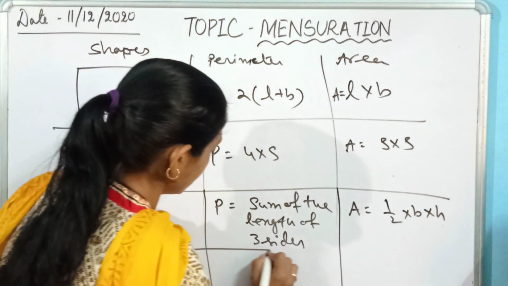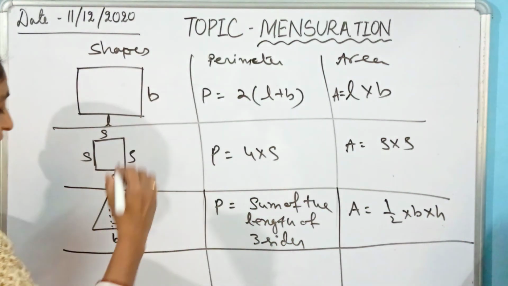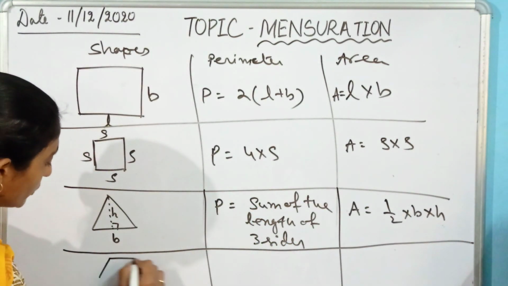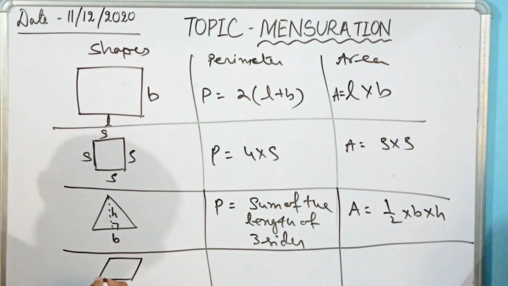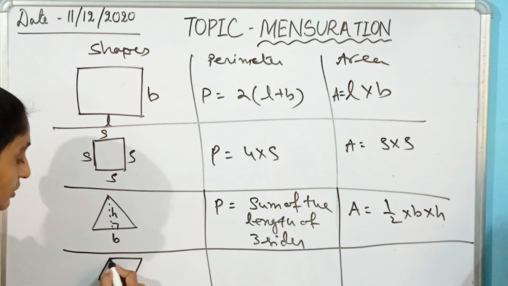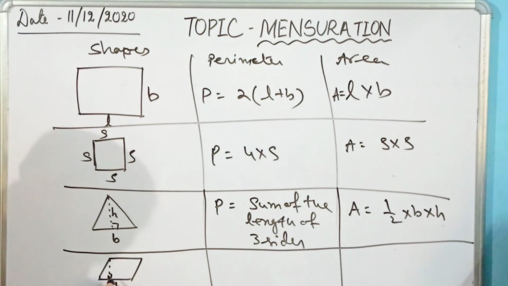Let's come to a parallelogram. In case of parallelogram, what will we get? If this is a parallelogram, this is the base. And here again we have to think about the height. This is the perpendicular distance from the opposite vertex to the base, that is called height.